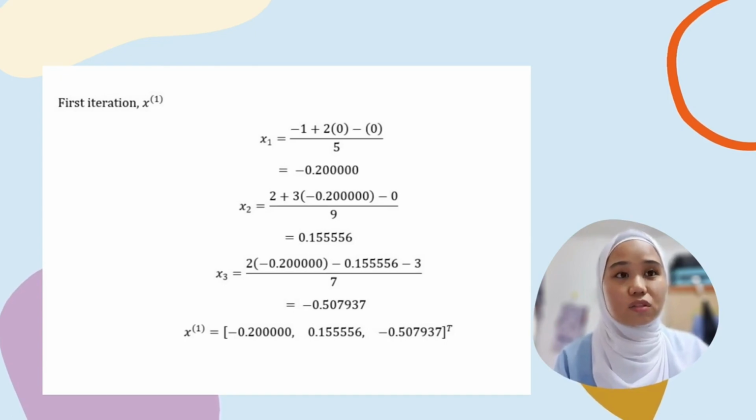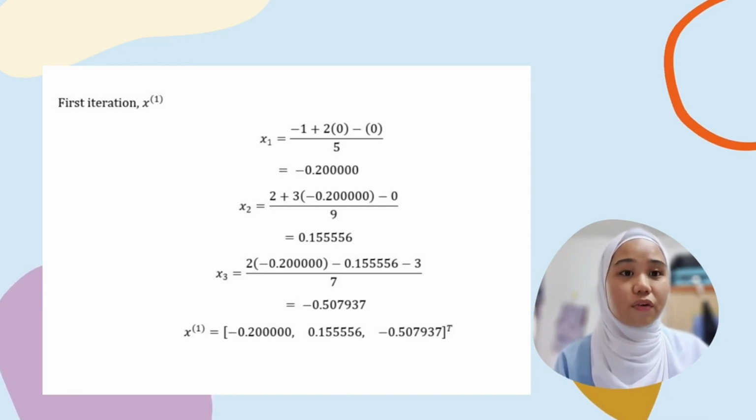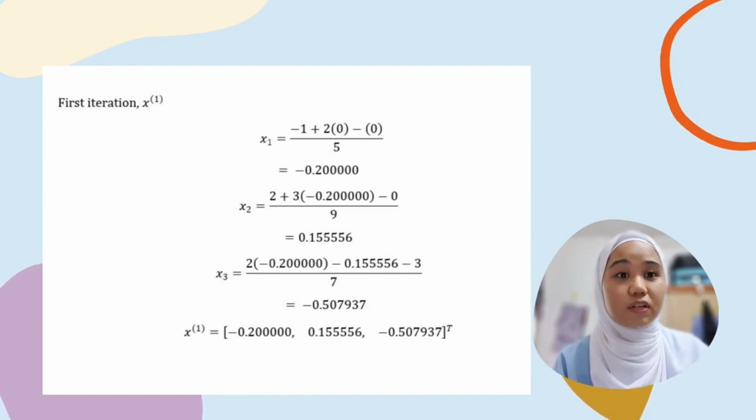We substitute x1 from the first iteration, -0.2, and x2, 0.155556, and then we will get x3 is equal to -0.507937.